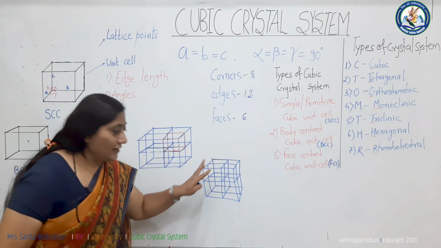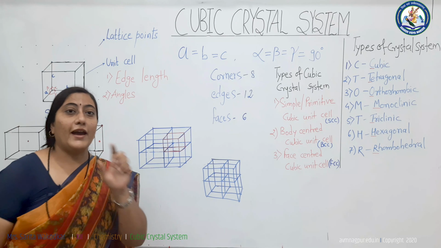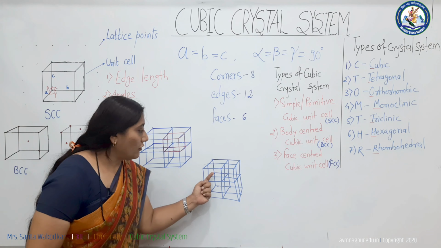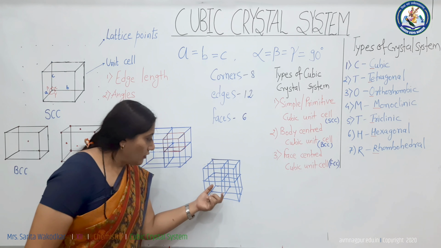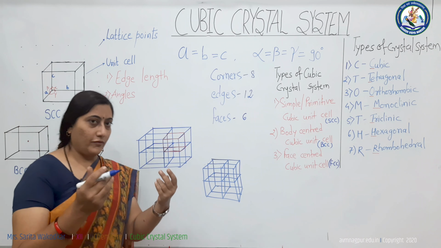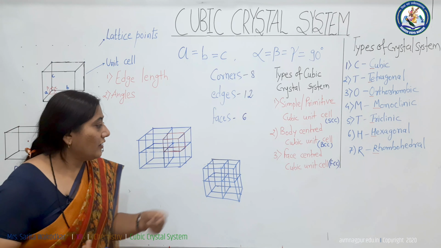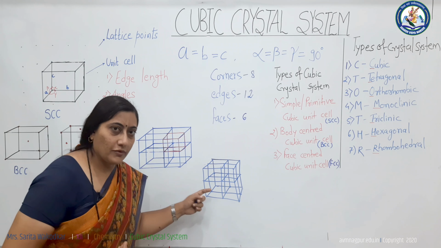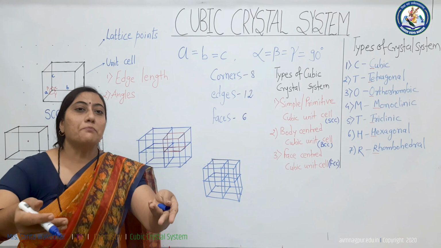This crystal lattice consists of 8 cubes. 2 at the upper side, 2 at the lower side, which means from the front side we get 4 cubes, and the same from the back side.